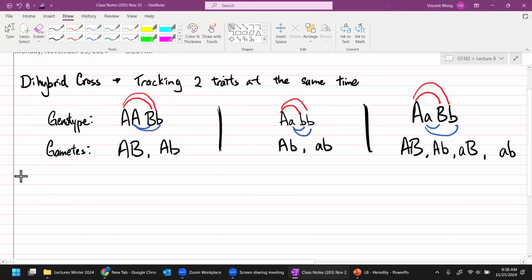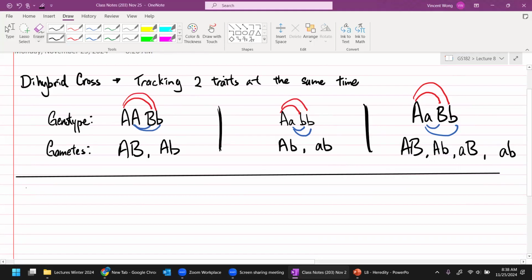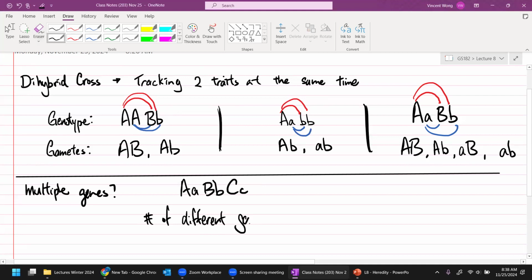Okay, so just as an aside, what about multiple genes? How many different gametes are possible if we are tracking 3 genes now instead of 2?